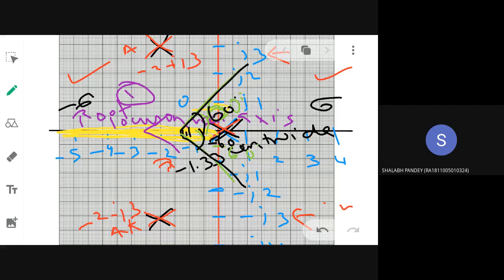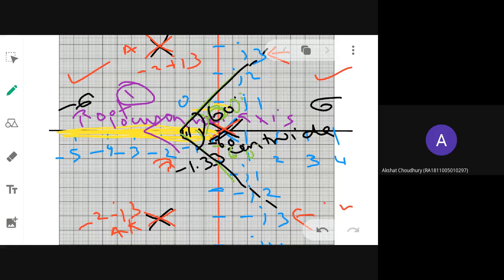This line should be drawn dotted only. It is not a root locus branch. Root locus branches start from the pole, but they will travel parallel to this asymptote. That's why you are drawing this asymptotic line. Okay, understood? Yes ma'am. This is step number 3, where you use the angle of asymptotes and centroid to draw the asymptotic straight lines. Okay. So what is your centroid and what is the formula for it?